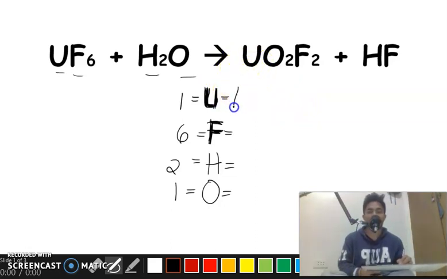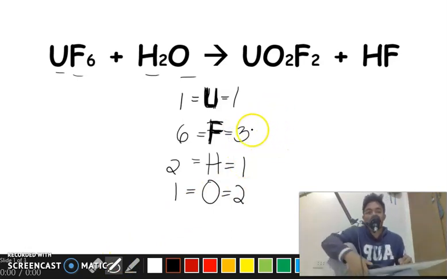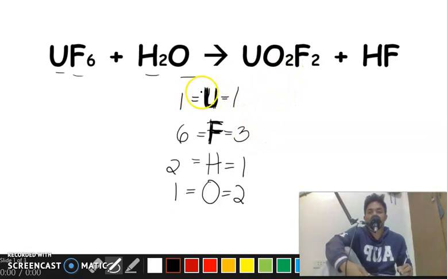You have 1, then you have 2 oxygen, followed by 2 fluorine, and then 1 hydrogen, and then another fluorine. So this becomes 3.